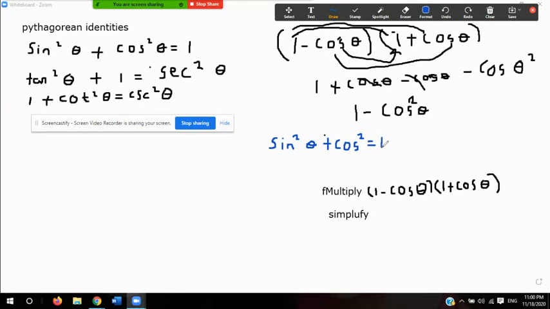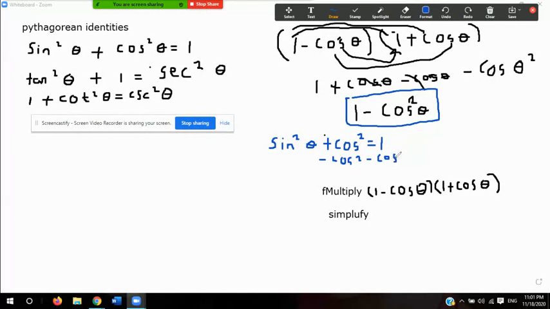In order to simplify the expression that I have here, which is 1 minus the cosine squared of theta, I have to rewrite the expression. If I were to take this and solve for sine, I would subtract the cosine squared of theta, giving 1 minus the cosine squared of theta.